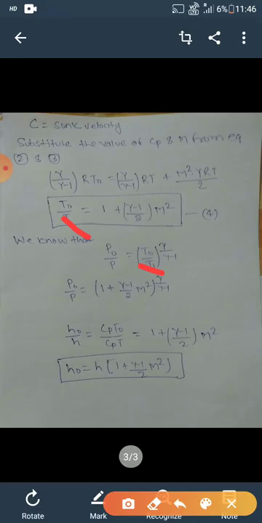You can also write H naught by H equal to Cp T naught by Cp T equal to 1 plus gamma minus 1 by 2 into M square. So you can also write by using this method. Okay, thank you.